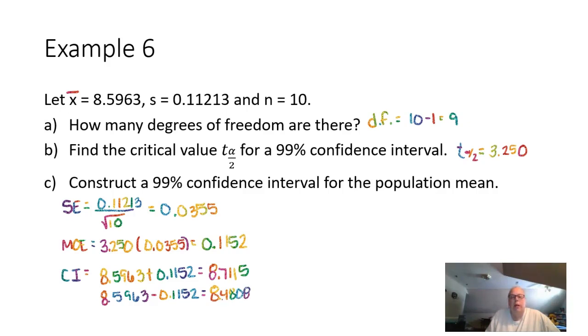And remember, the reason I'm rounding to 4 decimal places is because in the beginning the mean was also rounded to 4 decimal places. All right, here's my confidence interval. 8.4808, that's the lower end, comma, 8.7115, this is the upper end.